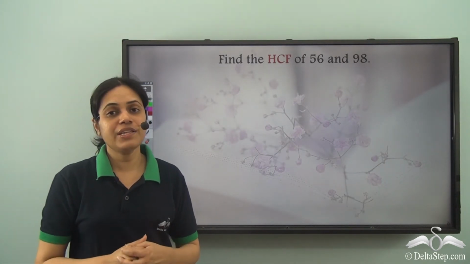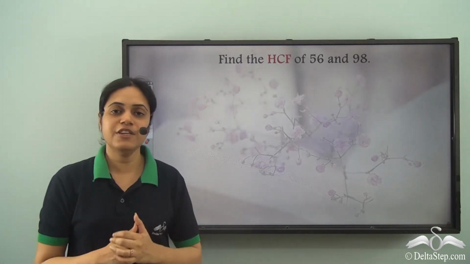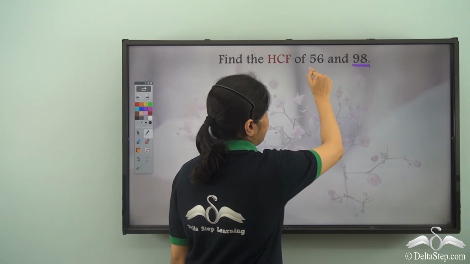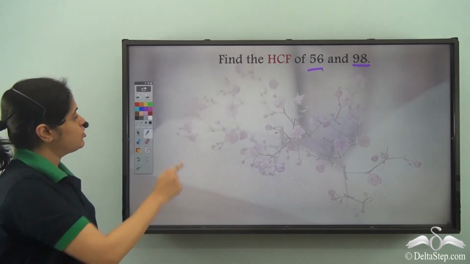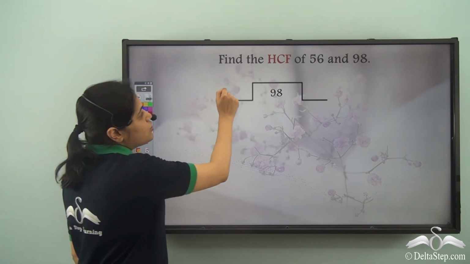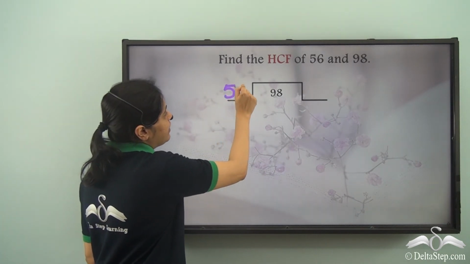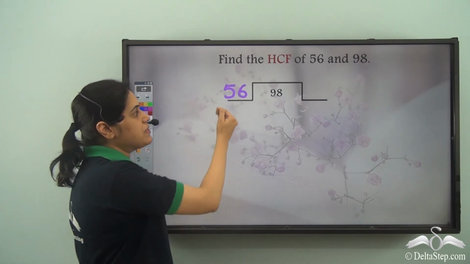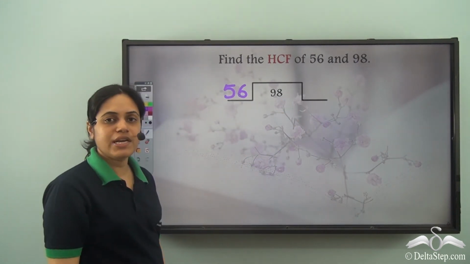So now can you find the HCF of 56 and 98 using the long division method? So once again, I need to divide the larger number by the smaller number. So over here the larger number is 98 and I need to divide 98 by 56. Now how many times does 56 go into 98?